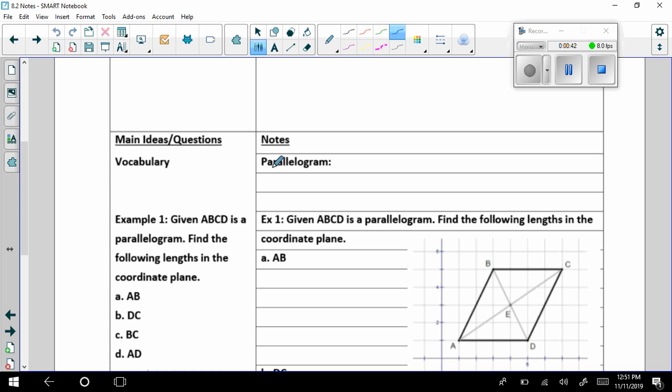And for something to be a parallelogram, the word right there in the front, parallel, classifies it. So it has two pairs of opposite sides that are parallel.